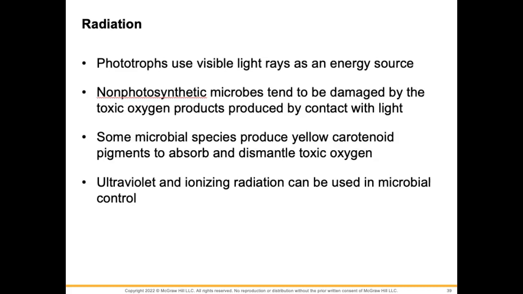Ultraviolet and ionizing radiation can be used in microbial control, and you've probably seen that if you've ever had your nails done. A lot of times they'll take the instruments they use and put them under UV light, and sometimes they'll use autoclaving in certain instances as well.